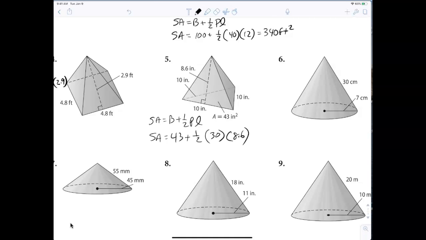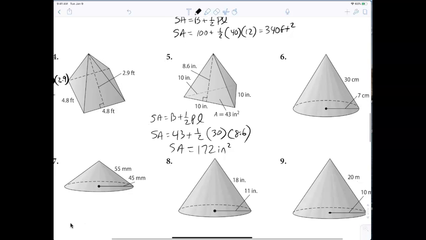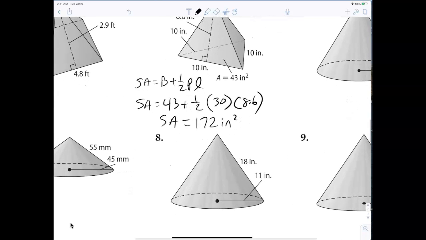Wow, very good. How much? 172, squared. Anybody else get that? That was kind of quick. Somebody said 179. 172. All right, so let's double check.